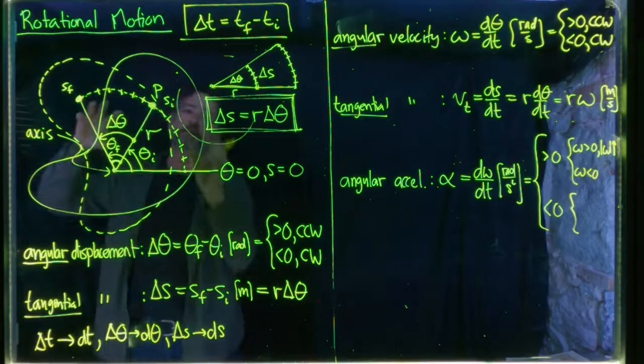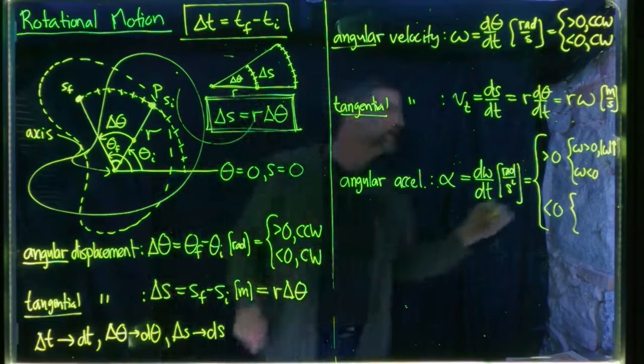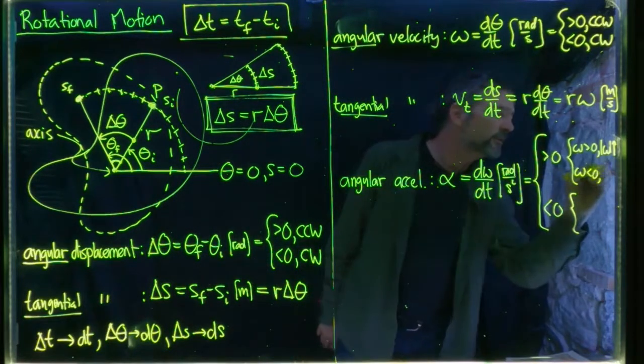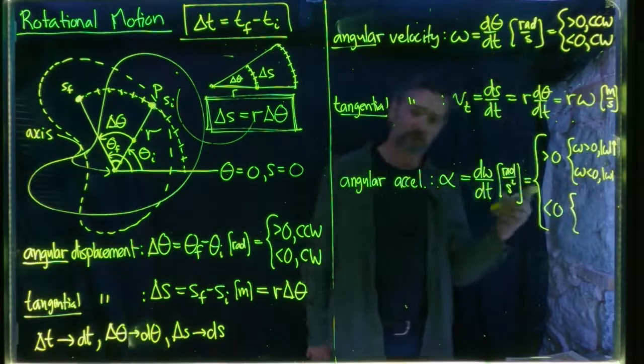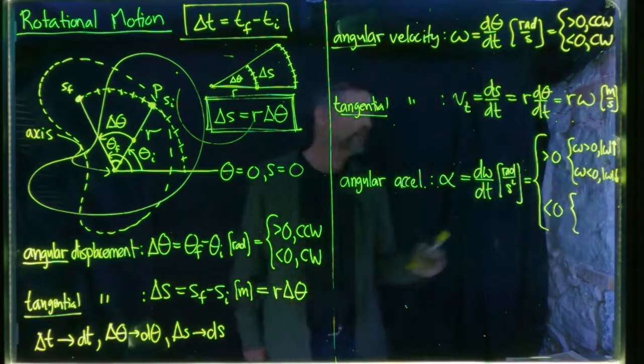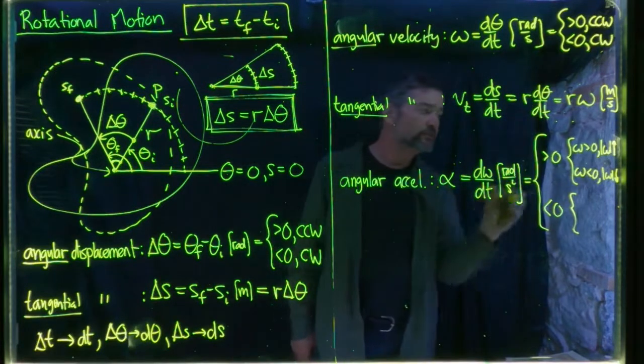Then the angular acceleration is actually that way, so it's in the counterclockwise positive direction. So if the angular velocity is negative, but the angular speed, the magnitude of the angular velocity, is decreasing. So down arrow.